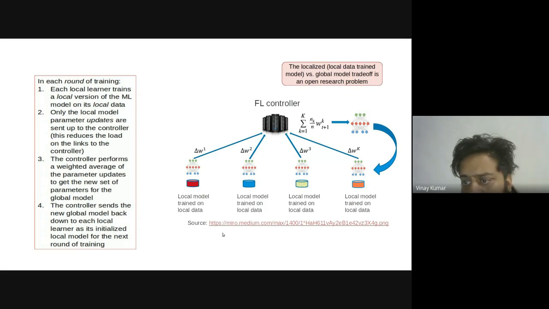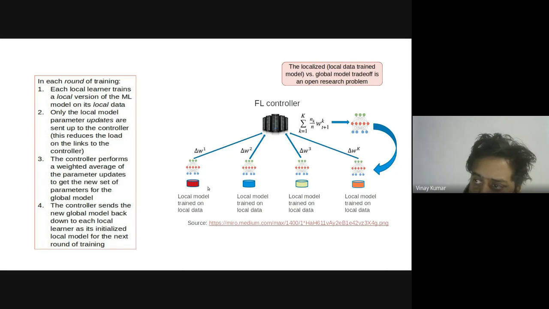This is a schematic diagram, so we will understand how federated learning works from here. This federated learning controller is also known as the server, and there are the clients here also. So this is a centralized client-server architecture.